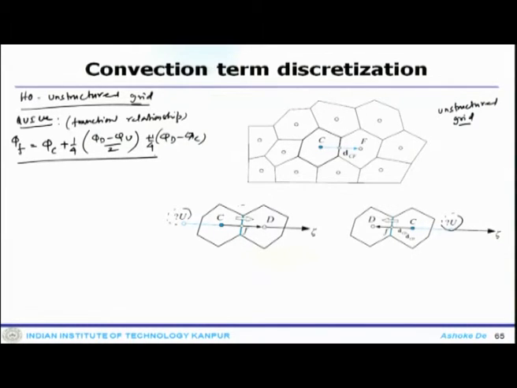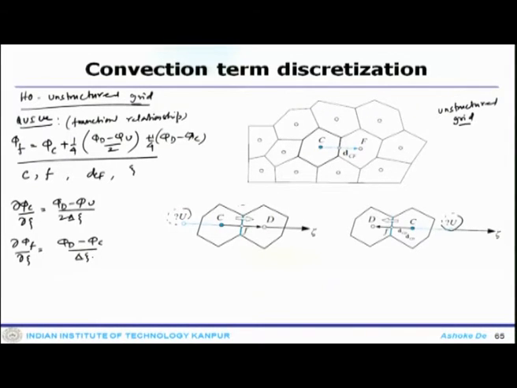Now, you can approximate the gradients at C and F, where the direction DCF will come into the picture, or the xi direction that we have shown for the curvilinear system. Then, del phi c by del xi equals phi d minus phi u by 2 delta xi, and del phi f by del xi would be phi d minus phi c by delta xi. So, this is how you can get it.